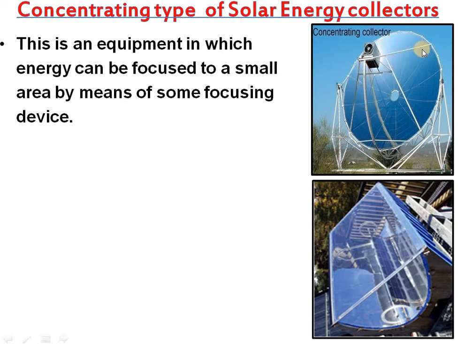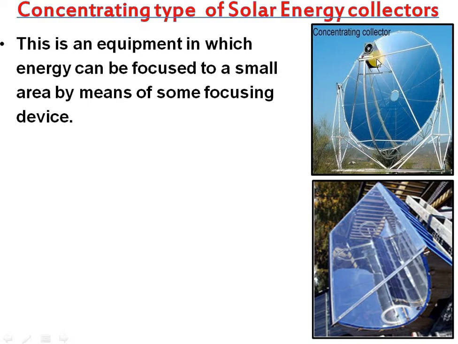For example, in this dish antenna type of collector, you can see a parabolic shape. This is called a parabolic reflector, in which light is reflected and brought to a small area. You can see the area of the reflector is very large, but the area in which the energy is focused is small.